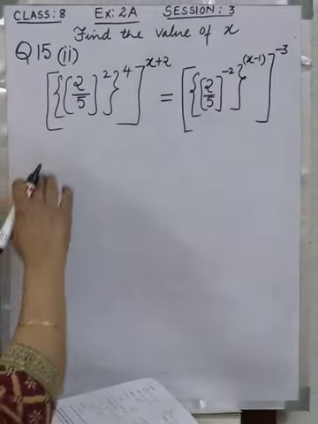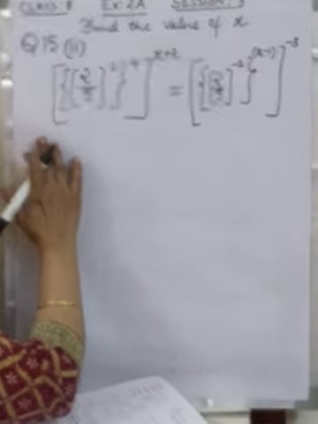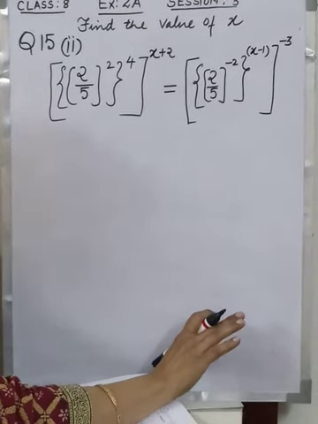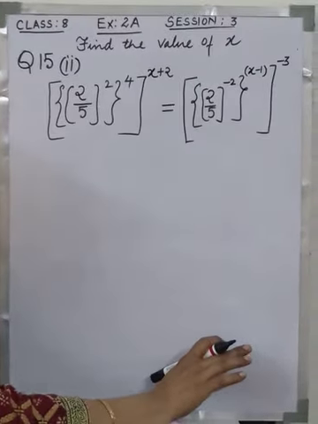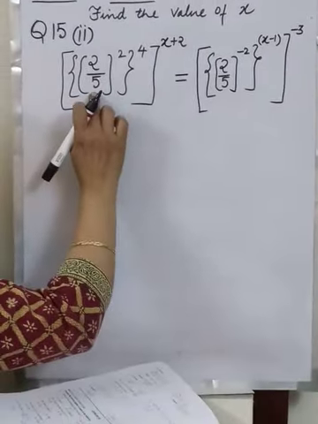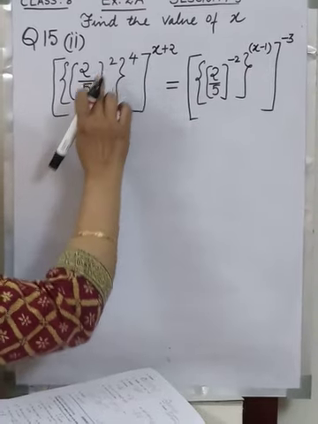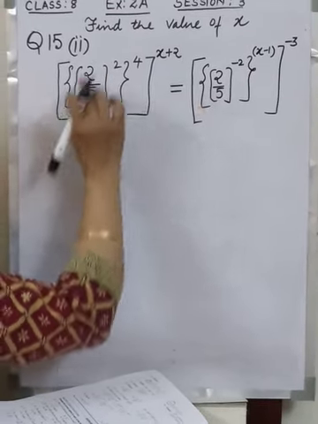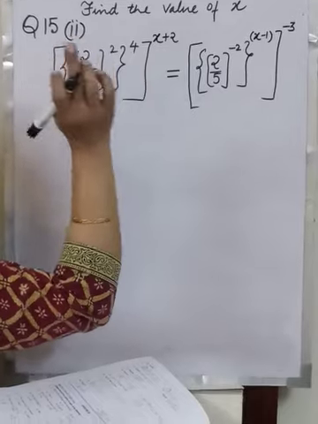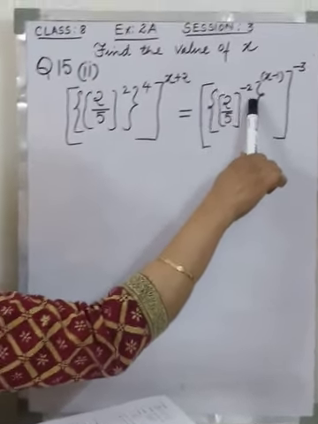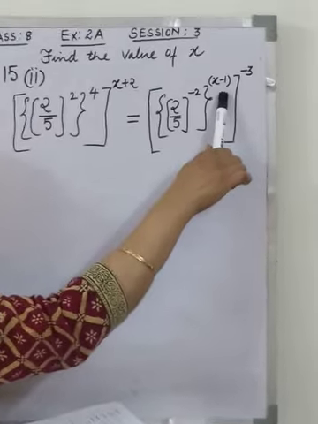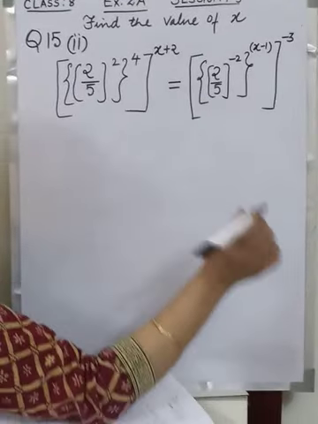Now we solve it. First, we solve the LHS and RHS part both simultaneously. We are going to solve the LHS and RHS expression. See, we can see 2 by 5 has power 2, then again it has power 4, then again it has power x plus 2. Similarly, here 2 by 5 has power minus 2. On that we have power x minus 1 and again on that we have power minus 3.